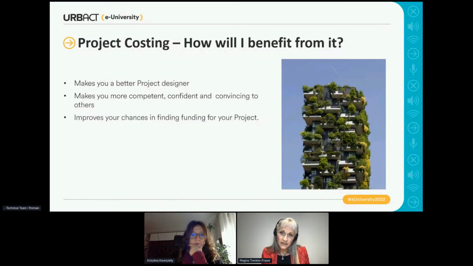It makes you more competent, more confident, and therefore more convincing to decision makers and funders. And it will ultimately make you more successful because you're more in control of accessing funding sources, and you can adapt and maneuver your cost headings more appropriately.